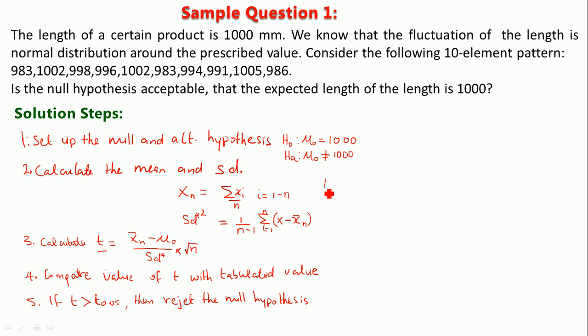Now let me just give you some hints so that you'll be able to try it. If you are given a problem like this, you need to form a table like this. You have your values, which is actually 983, 1002.